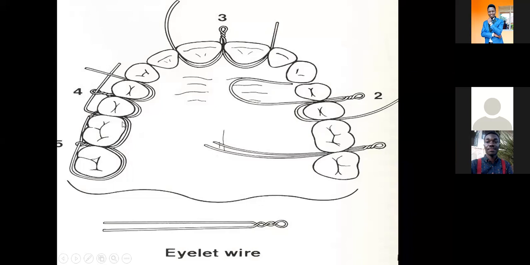So we fix them just below. You don't want to traumatize the gingiva because that would be disastrous. It is going to create a cascade of trouble: the gingiva becomes necrotic, then you expose the roots, and you cause other problems. So you never do that. When you fix this, you fix it in the intragingival space below the gingiva.